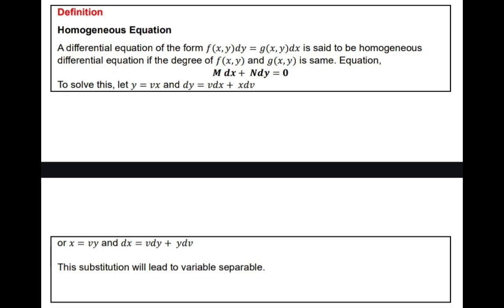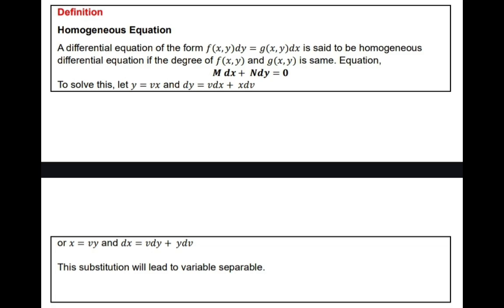First, let's define what a homogeneous equation is. A differential equation of the form f of x,y dy equals g of x,y dx is said to be a homogeneous differential equation if the degree of f of x,y and g of x,y is the same.